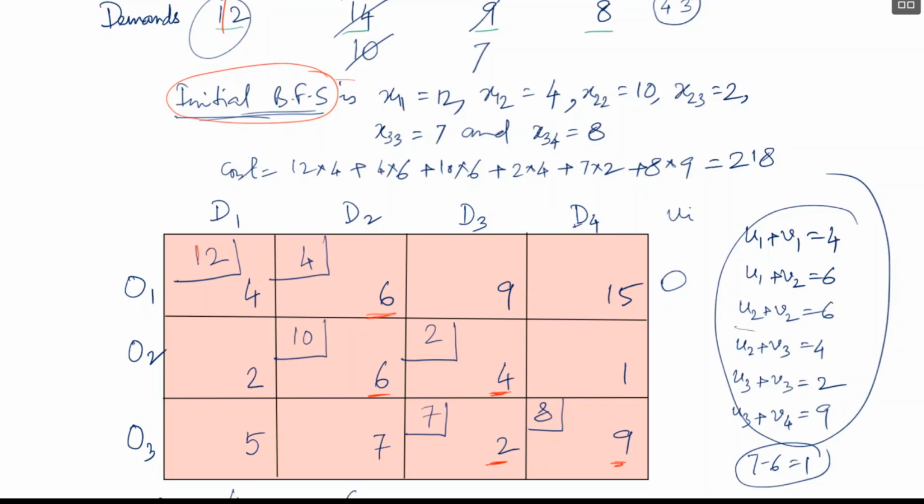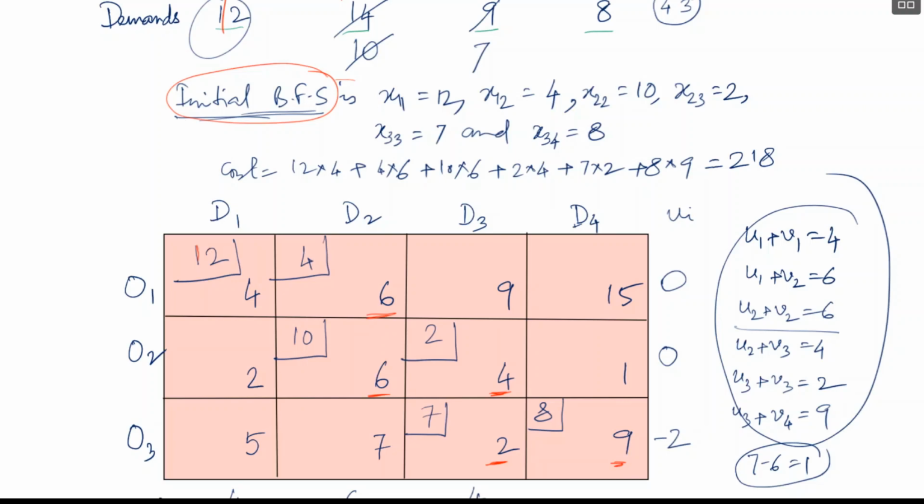u2 plus v2 equals to 6. We shall have u2 equals to 0. As u2 becomes 0 now, then v3 will be 4. As v3 has now become 4, u3 will be minus 2, since u3 plus v3 equals to 2.